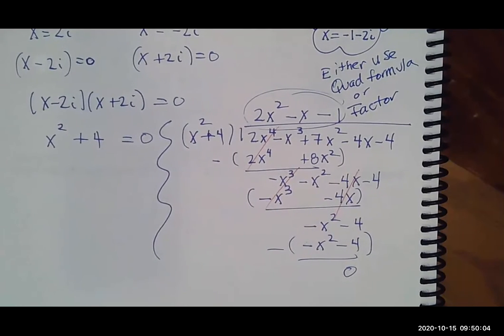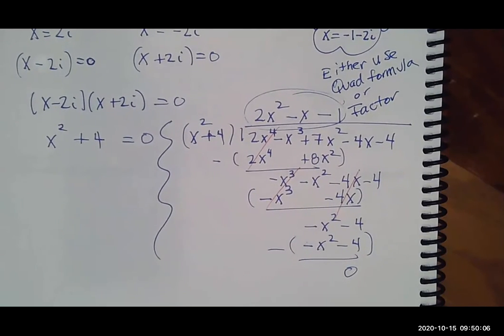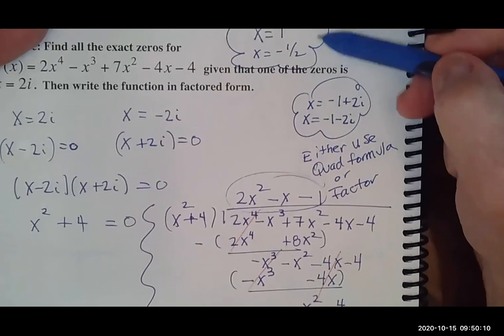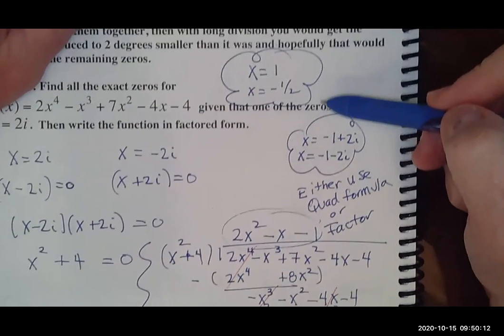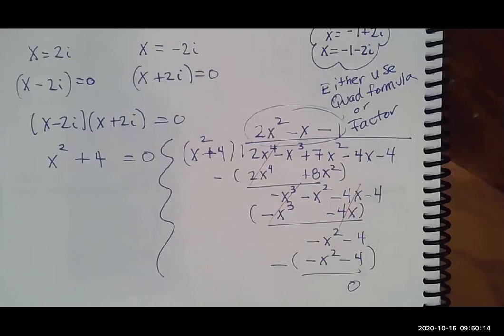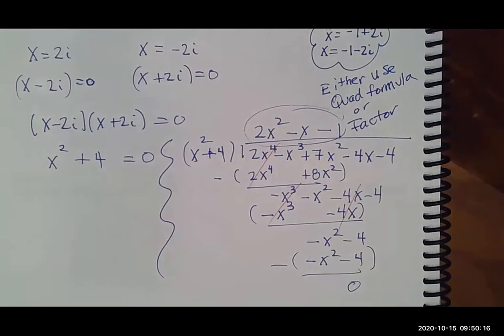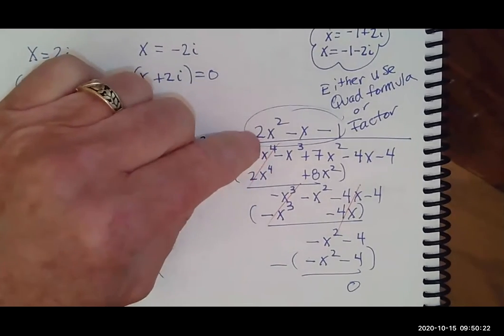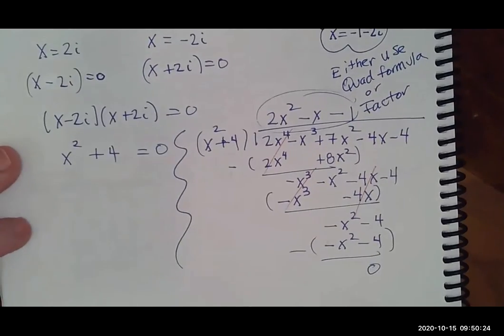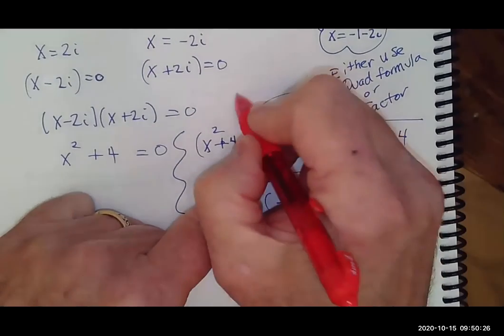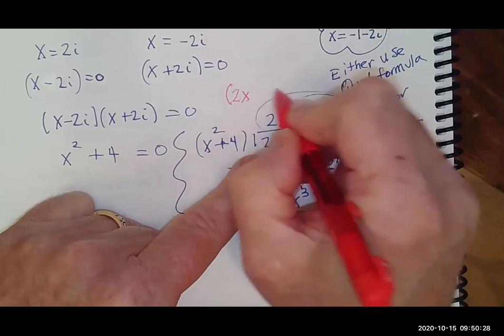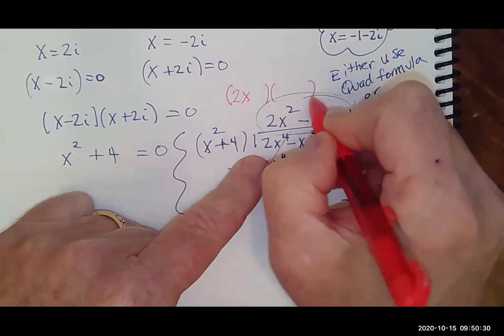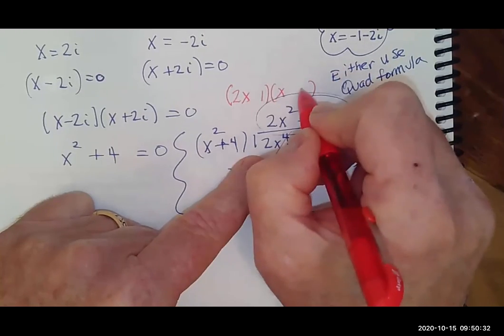So quadratic formula will always work. Sometimes it could factor. Remember my answers up here, right here, nice. So it does factor, it will factor, but you wouldn't know that. So I would probably, if I were in your place, just go right to the quadratic formula. But I'll show you what the factor pieces look like though. This one here would be a 2 and an x, and then it'd be an x and 1.